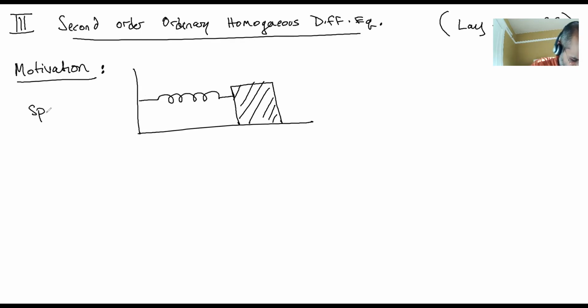So this is a spring mass system, and this is a block that has some mass m. You're going to maybe pull this block away from its equilibrium. There's some equilibrium position of the spring, when the spring is totally relaxed, some location which I'm going to call the origin. And I'm going to be interested in the position of this block at time t, let's say of the center of the block.